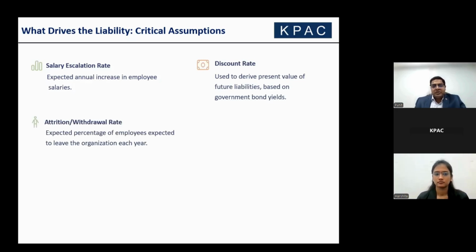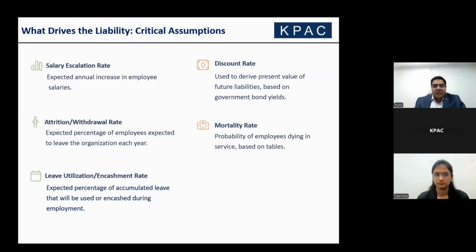Next is the attrition rate assumption. It represents the expected percentage of employees leaving the organization each year due to resignation or termination. And this impacts how many employees will actually remain to claim their leave benefits. Next one is the mortality rate, the probability of employees dying in service. It is based on the standard actuarial mortality tables.